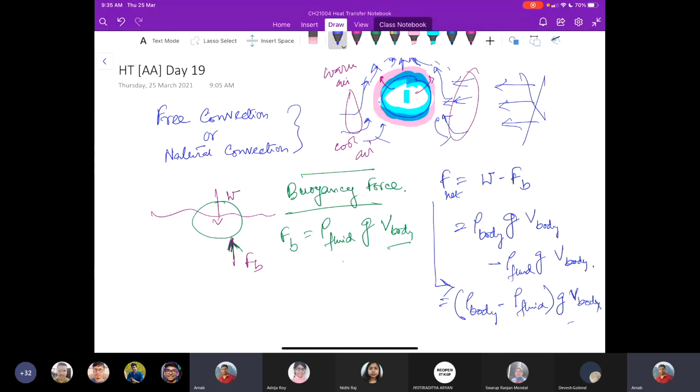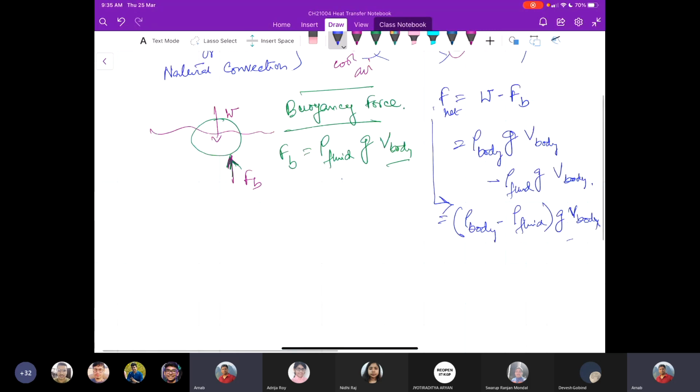For a constant pressure scenario, if you know the density variation with temperature, then you find a relation between the buoyancy force and the temperature indirectly. The property that provides that information, the density change with temperature, we call the volume expansion coefficient.